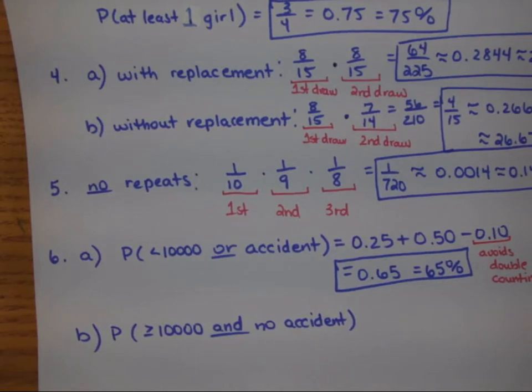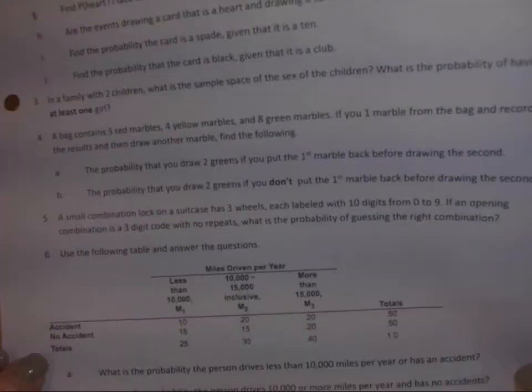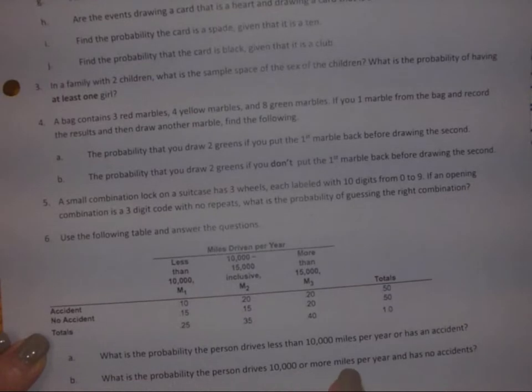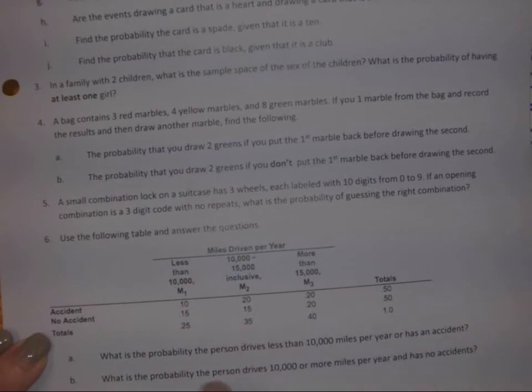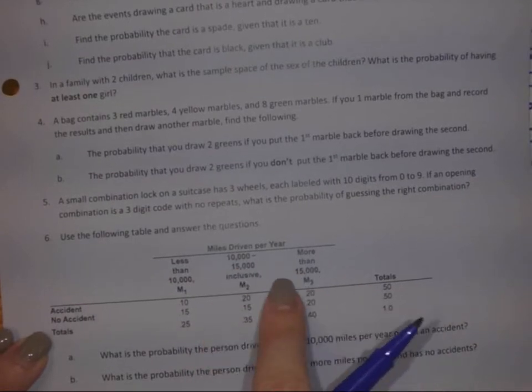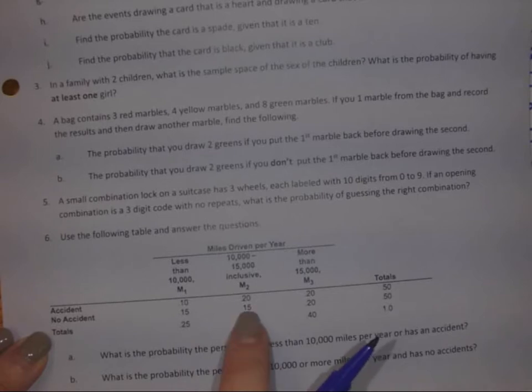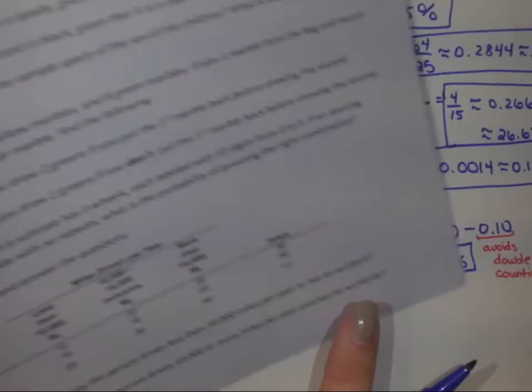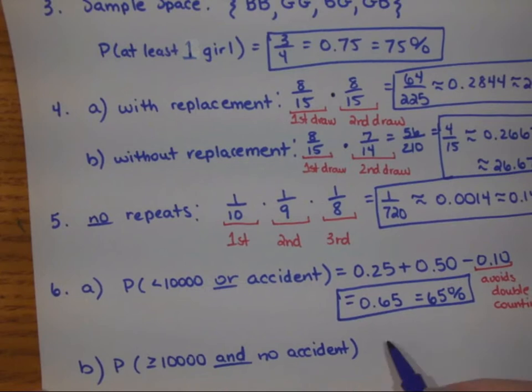I think I kind of have a typo on my key, but what is the probability that a person drives 10,000 or more miles per year? Okay, so 10,000 or more is, oh no, actually it's all right. 10,000 or more is both of these categories, and then you also want the no accident people. So it would actually only be this 0.15 and this 0.20, or 0.12 I mean.